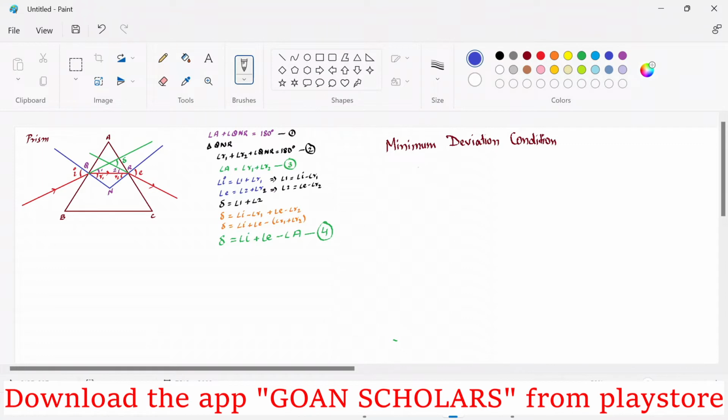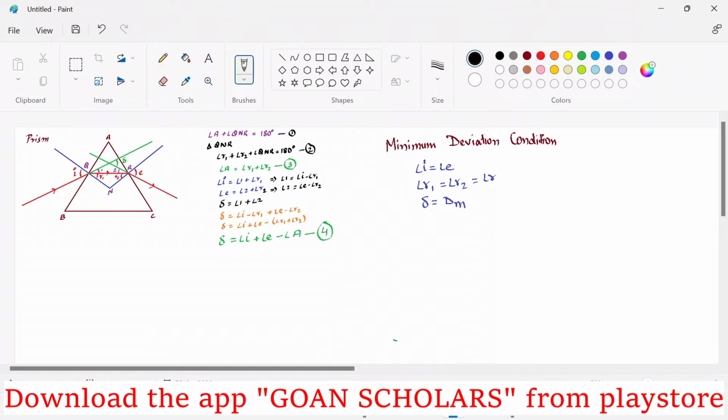Angle I must be equal to angle E. Angle R1 must be equal to angle R2, and that is angle R. Both are equal to some particular angle R. And delta we will call as delta m. These three conditions are known as minimum deviation conditions.